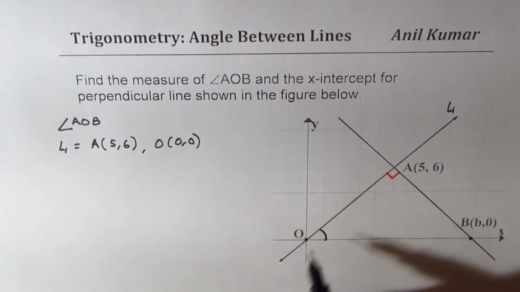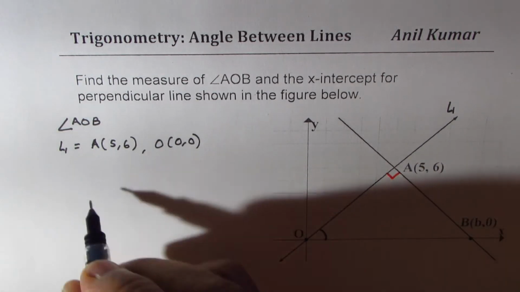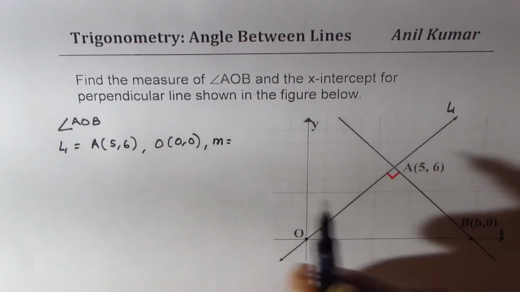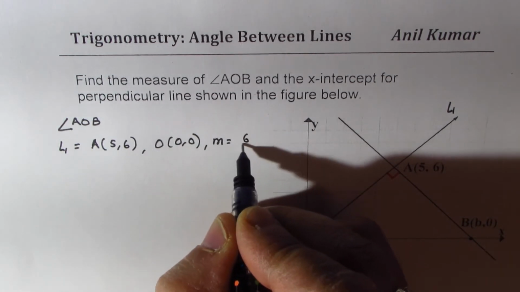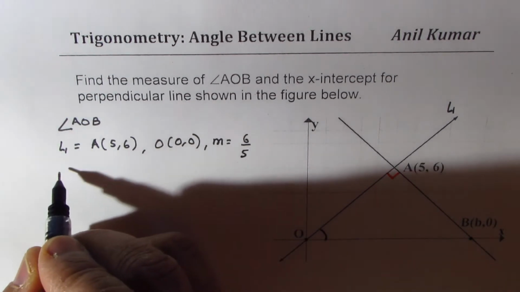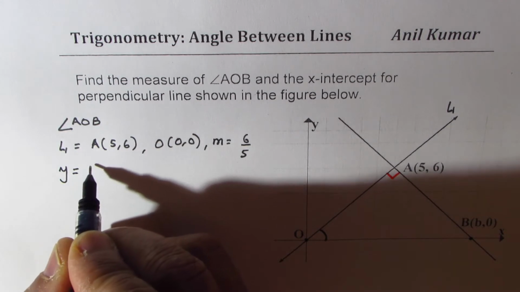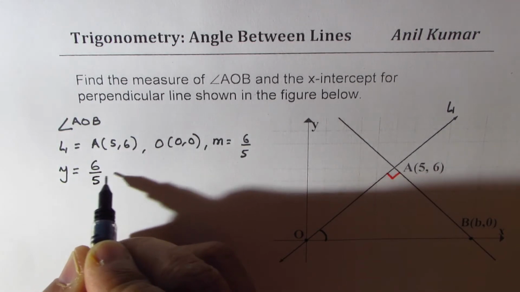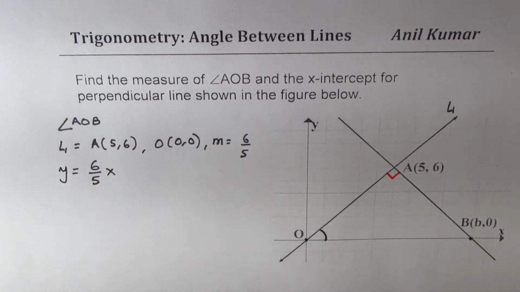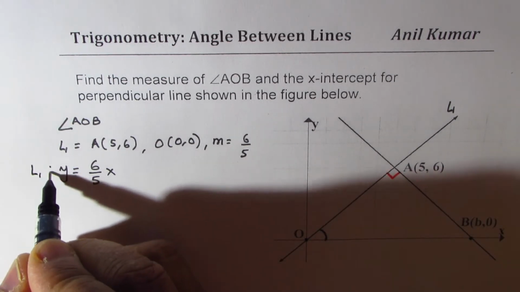Correct? And therefore, it's a direct proportion. Slope of this line, m, will be the ratio of 6 and 5. Correct? And we could write this as y equals 6 over 5 x. So that becomes the equation of our line 1. Is that clear to you?